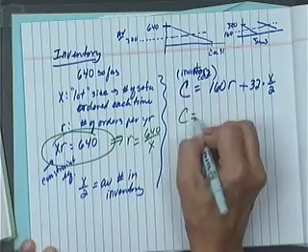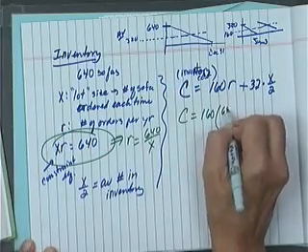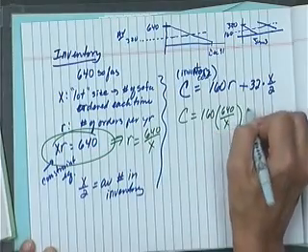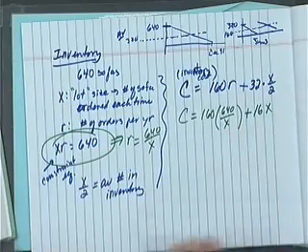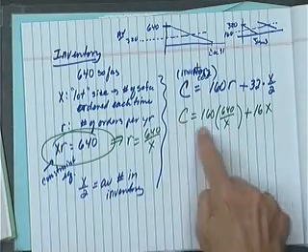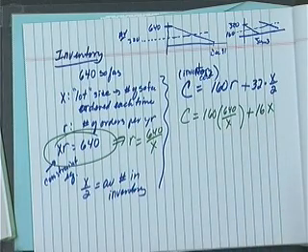All right, so my new cost function will be 160 times 640 over X plus, and let's go ahead and simplify this. What's that, 16X? Okay. All right, that is the cost function. Now, what am I supposed to do to this?